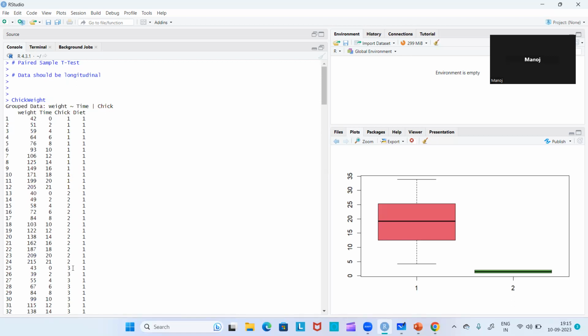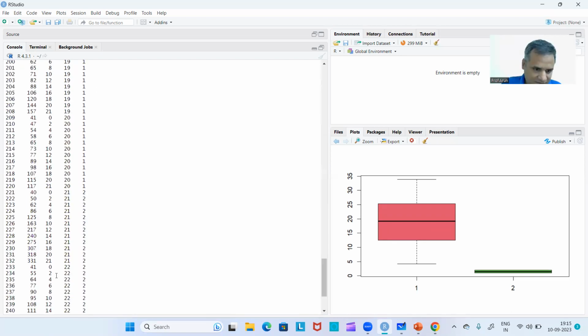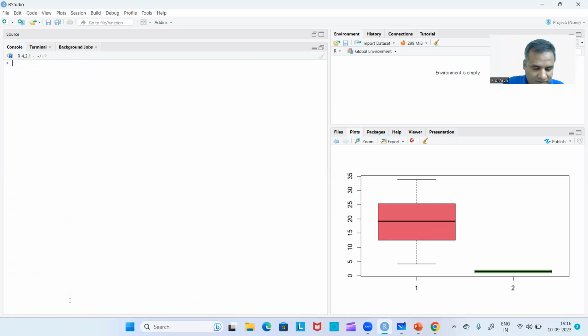Let us say I selected a sample of 30 and collected some data from that sample. That program was implemented on those 30 people. So after 1 month, let's say I'm again collecting the data from the same individuals for the same variables.